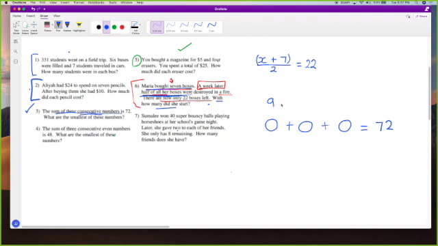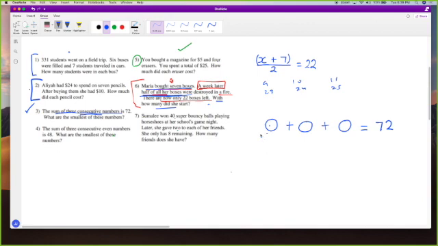So if the smallest number is 9, well then the next number would have to be 10, and the next number would have to be 11. And I'm pretty sure that doesn't equal 72. So the sum of 3 consecutive numbers equals 72. What is the smallest of those numbers? You know, you have like 9, 10, 11, or 23, 24, 25. We'll take a look at it, right?